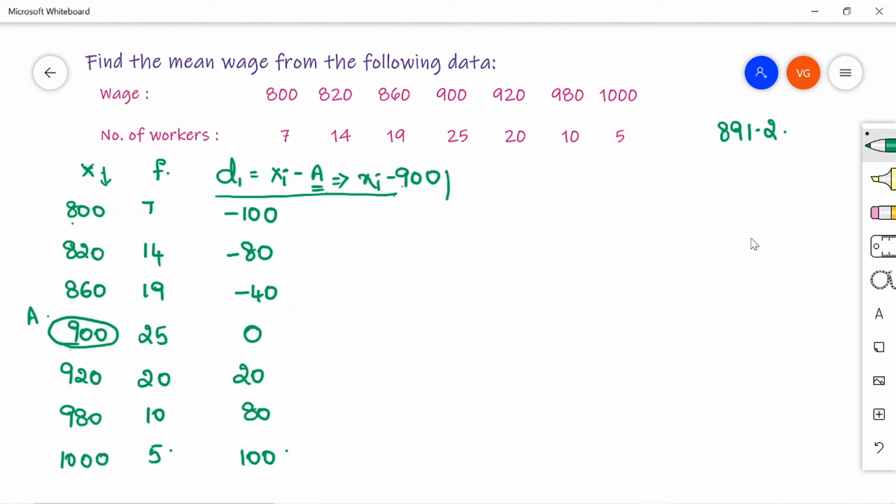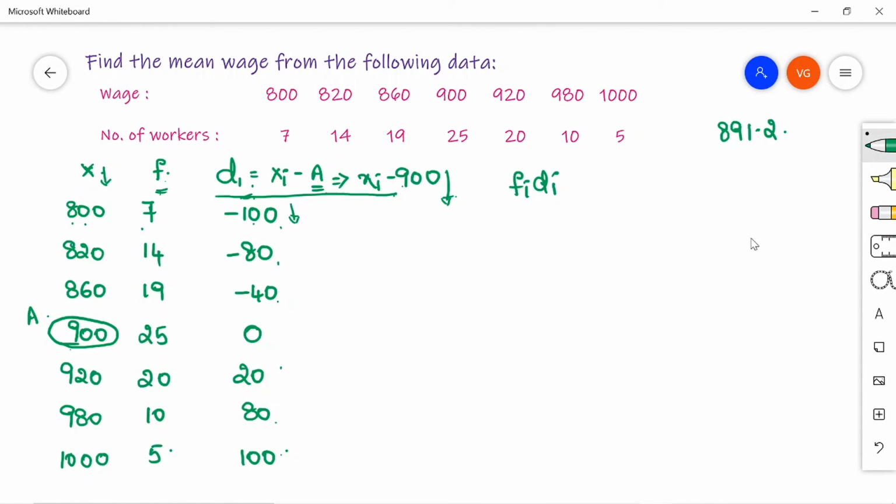Now I have to find out sigma fi di. So the fourth column is fi di. That is, you have to multiply f and d, the second column and the third column. In the previous problem, I multiplied 800 with 7. Now the numbers are reduced here, because I have subtracted 900 from the first column.